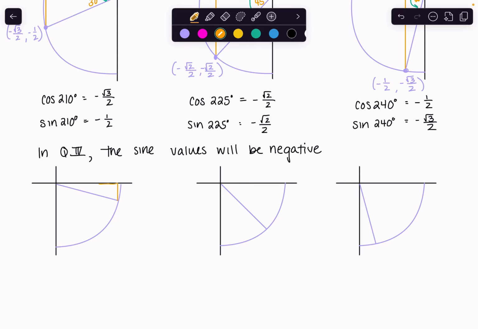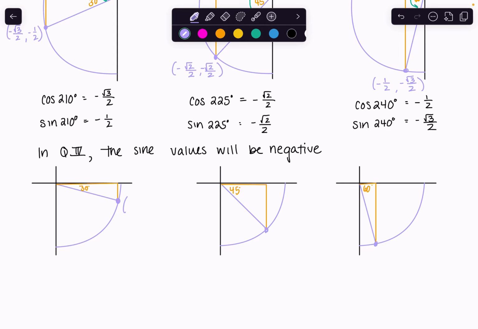Draw in our lovely little reference triangles and fill in those numbers. 30 degrees, 45 degrees, and 60. I'm going to go ahead and just fill in these points as well while I'm at it for all three.